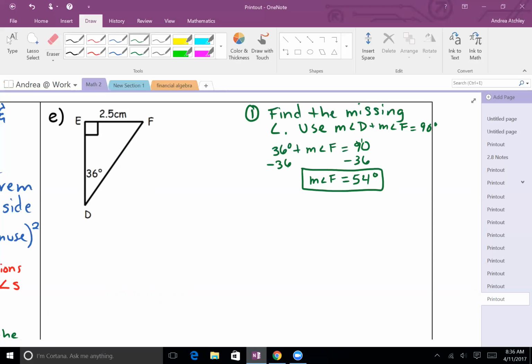Okay, the next one, we have to use our trig functions again to find our missing sides.